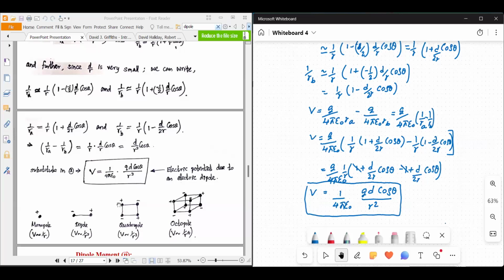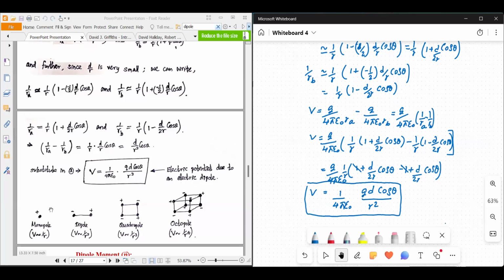And also we can have quadrupole and octopole situations. In a quadrupole, we have four charges of the same magnitude, but the signs of the charges are arranged in this way, plus minus, and then the same way. In an octopole, we have 8 charges, all with the same magnitude, but the signs are arranged minus, plus, likewise, in a certain order.